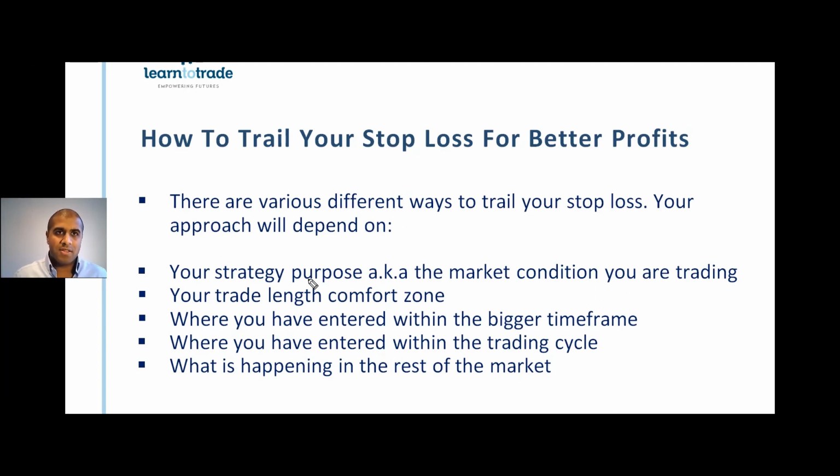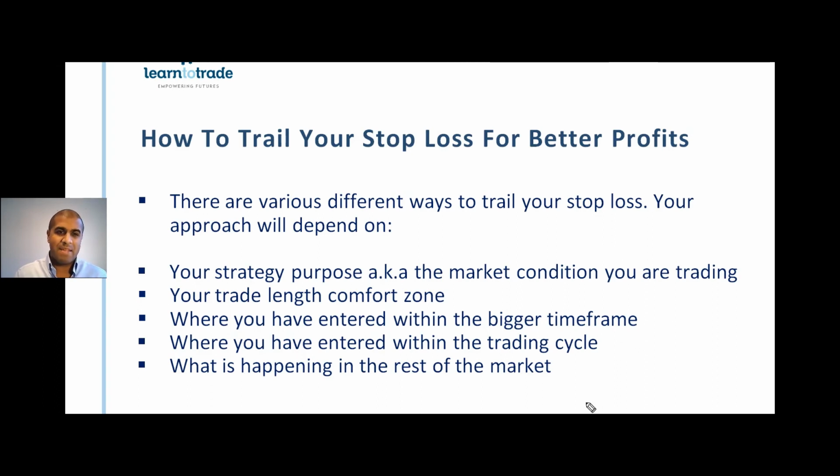So once you've answered these five different scenarios, the next thing is, okay, how do you trail the stop loss, and what do you look to do? For me personally, I only use one type of trailing stop loss, and that's trailing my stop loss beneath the low of the bar if I'm long, and above the high of the bar if I'm going short.